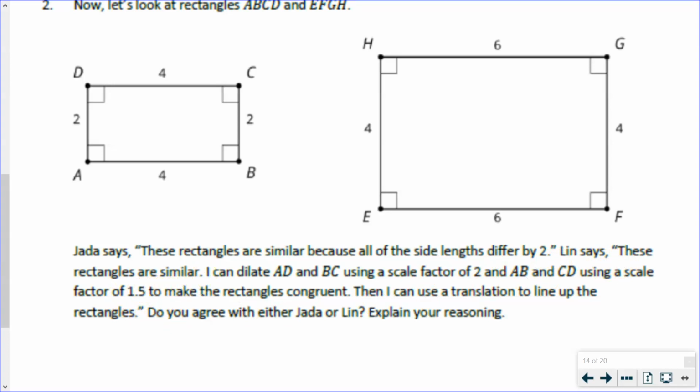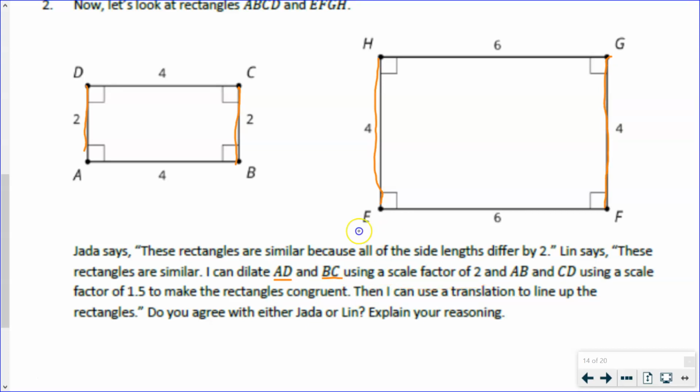I can dilate, I'm going to color code as I read this, AD and BC by a scale factor of 2. Let's test that out. 2 times 2 is 4. And 2 times 2 is 4. True statement so far.